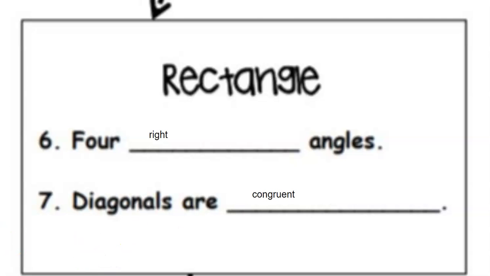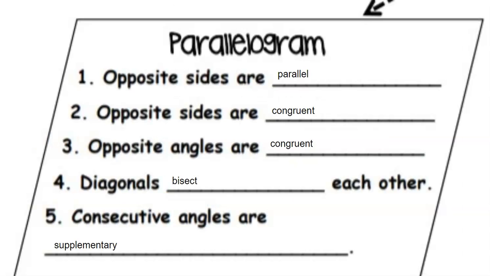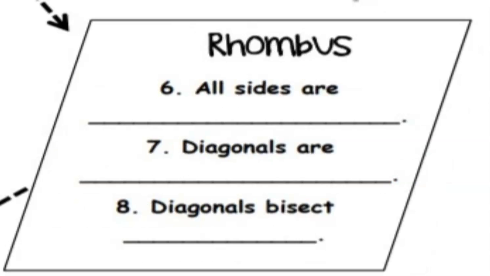Another special parallelogram that we have, and again, it starts with those 5 properties: opposite sides are parallel, congruent, opposite angles are congruent, diagonals bisect each other, consecutive angles are supplementary. And then on top of that, for a rhombus, step 6, all 4 sides are congruent. That is the defining characteristic for a rhombus, meaning if that is true, it's a rhombus.